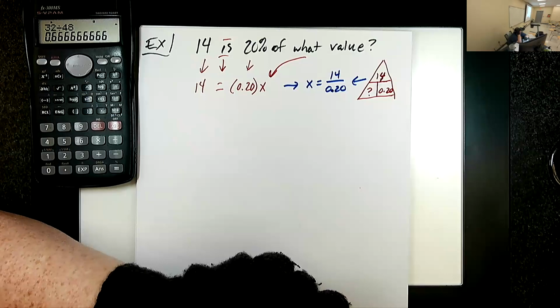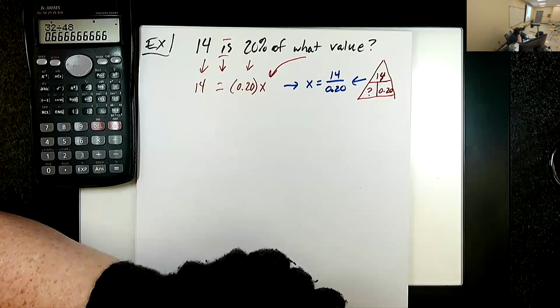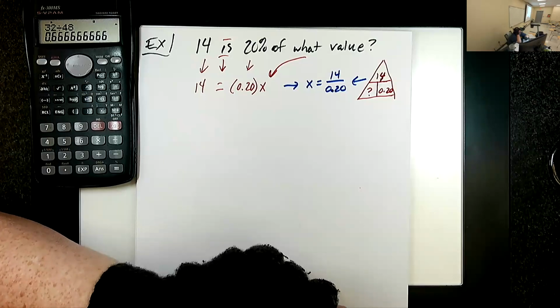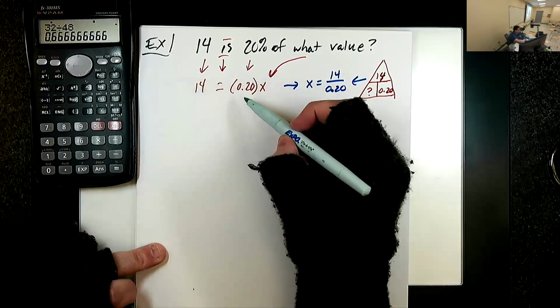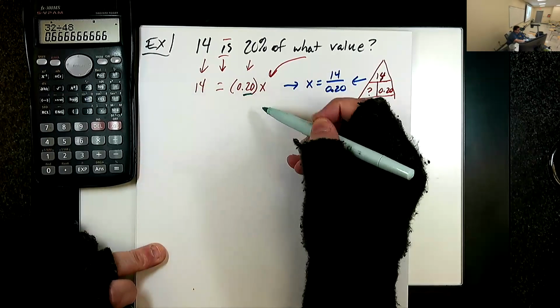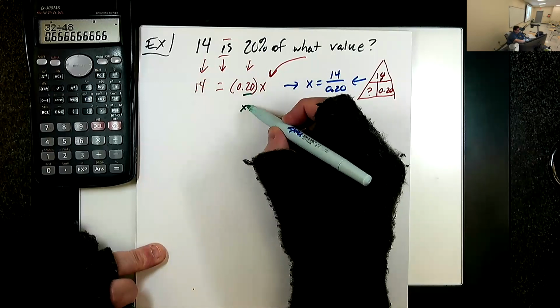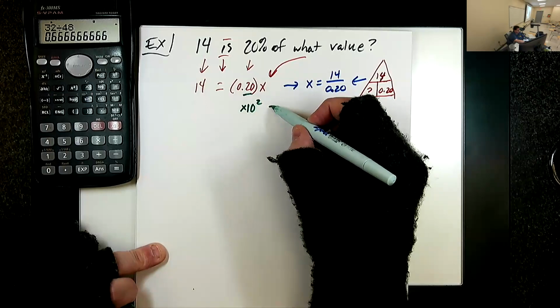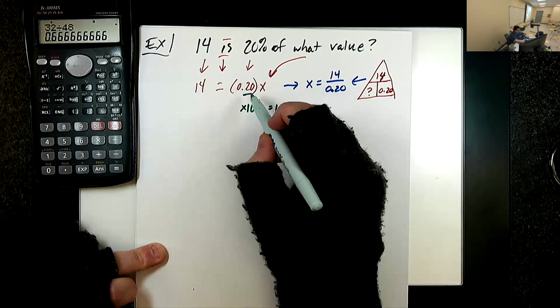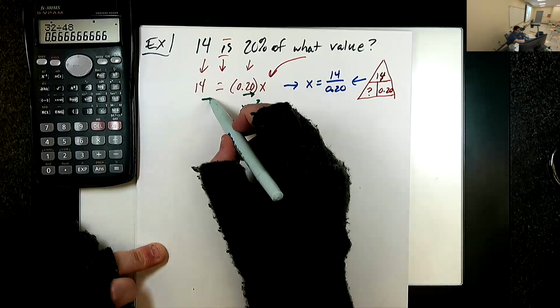Here, with the decimals, there's only one single step, so going right to it, because you're going to do it in a calculator, is fine. If you are in the habit and you like getting rid of decimals, let's get rid of decimals. I see 2 decimal places, which means I need to multiply by 10 to the second power, or times 100. And it means moving the decimal place right twice for each number.